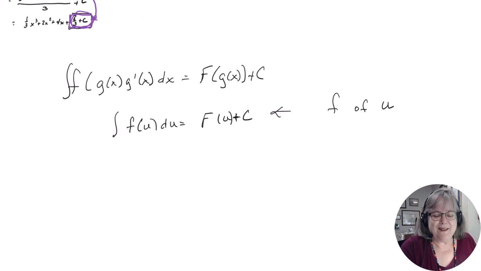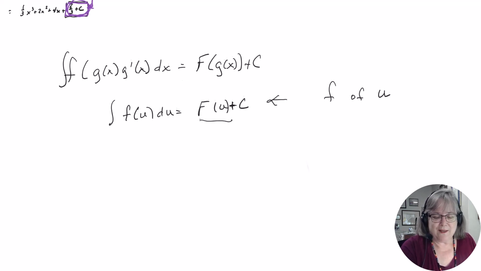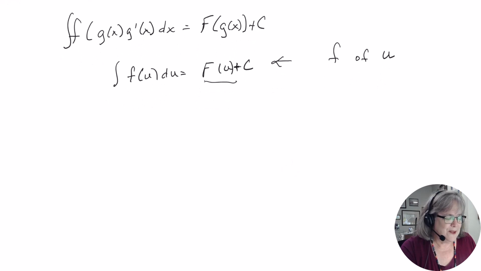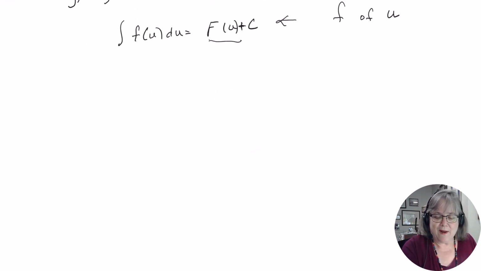So this is saying if you have a function in terms of u, du, you can integrate it and get the original function in terms of u and then switch it back out. Okay, so that's what we're doing. It's easier to do than it is to try to set it up in an equation. Now we've got a whole bunch of problems to work, so let's just get started.